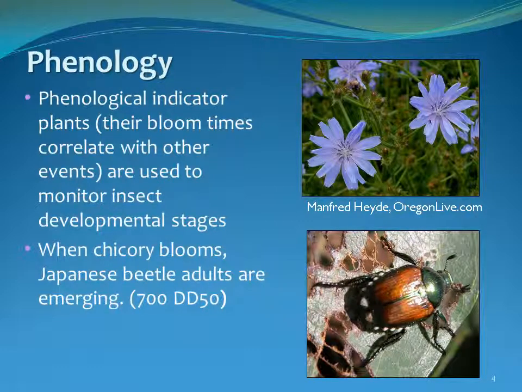The two are correlated. And they're actually correlated because of degree days, which are a measure of heat units that we're going to be talking about in a minute. But the nice thing is that both of those events correlate with each other because they both need the same number of degree days. Therefore, you can use one to predict the other.